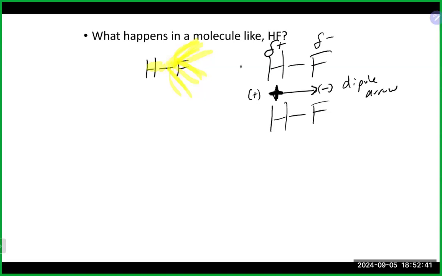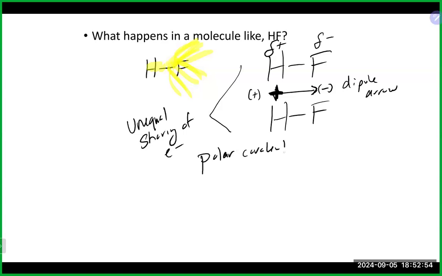And when you have this unequal sharing of electrons, you get what is referred to as a polar covalent bond. Or more specifically, most people leave the covalent out, and it is a polar bond in this case. Again, they're the same thing.